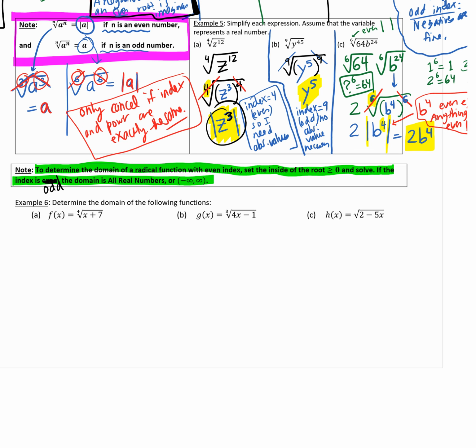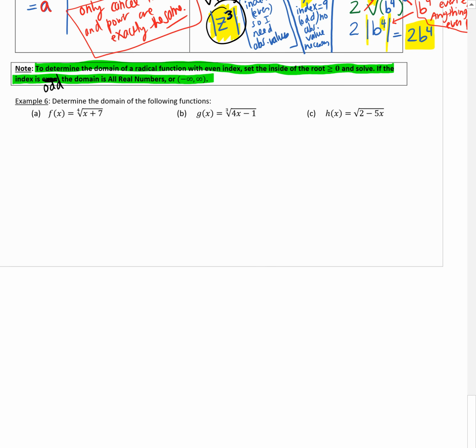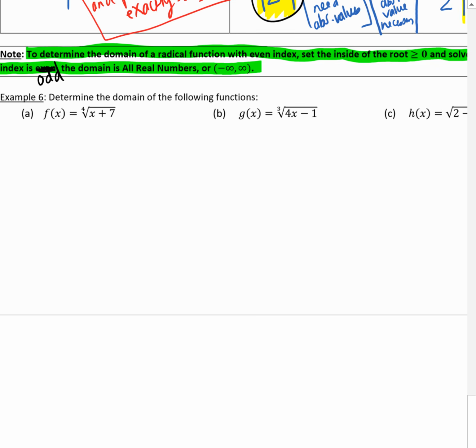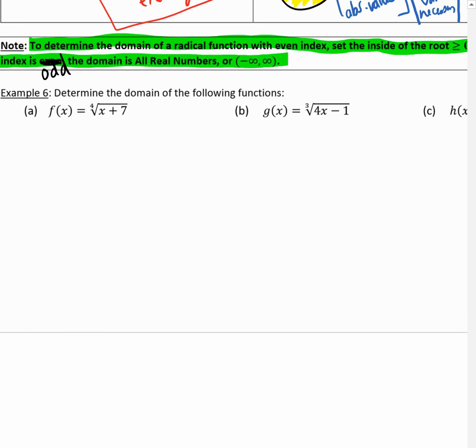So if you remember domain, we're going back to the function stuff. Domain is talking about what x values I'm allowed to put in here. What are the okay x values to substitute in here? For the first part, part A, you have a fourth root. So I don't want to see any negatives in this root.